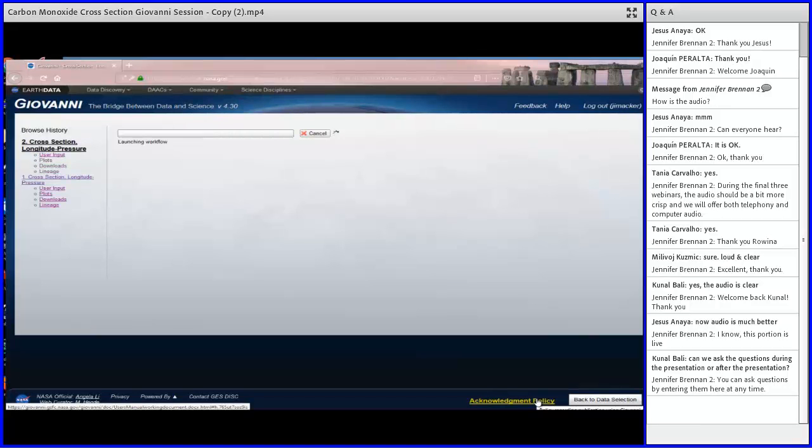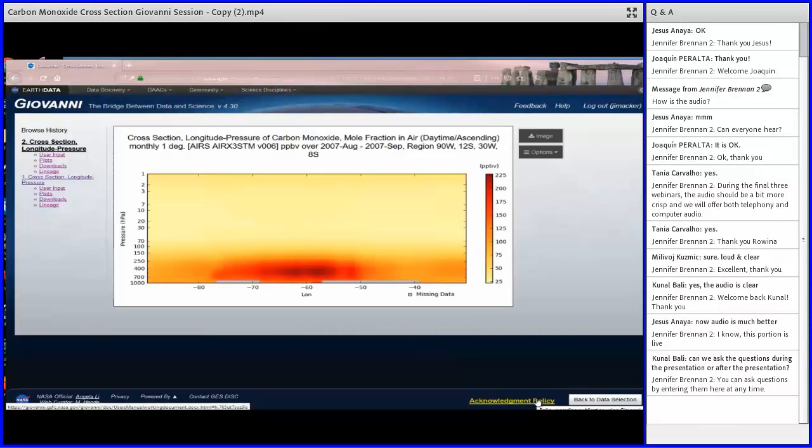And AIRS has data from 1,000 hectopascals, which is close to the surface, or actually below sea level, up to 10 hectopascal, I think actually 1 hectopascal, in the upper atmosphere. So this shows the cross-sectional map of carbon monoxide.